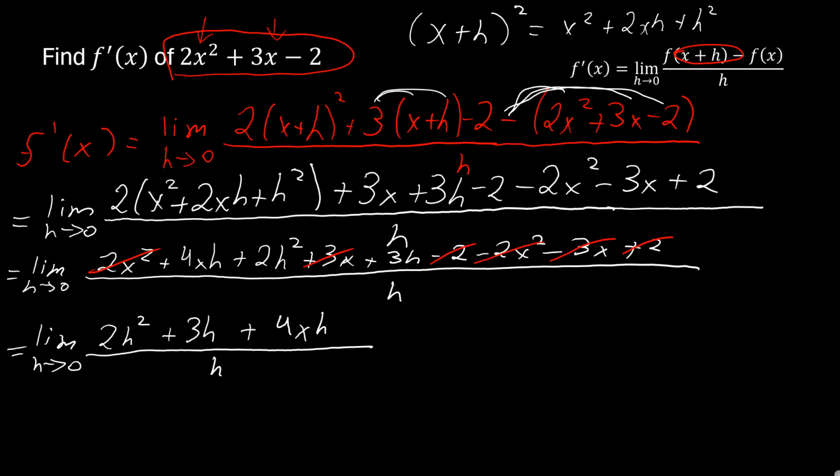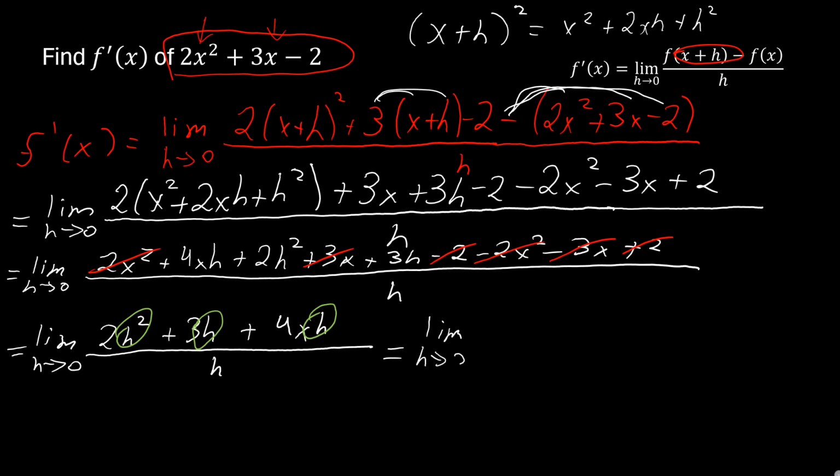Now when you look at this, typically when you're doing problems like this, you're going to notice that an h is going to end up in each of your expressions here in the numerator, and that's great.